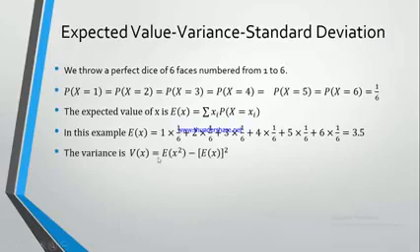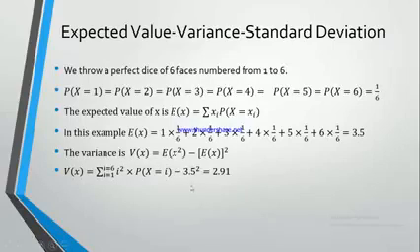The variance is the expected value of X squared minus the square of the expected value of X. So it is the summation of i squared, which is the value that we have from 1 to 6, times its probability, minus the expected value, which is 3.5 squared, and the answer is 2.91.